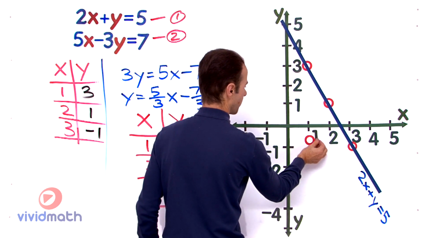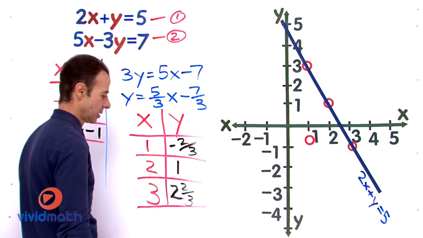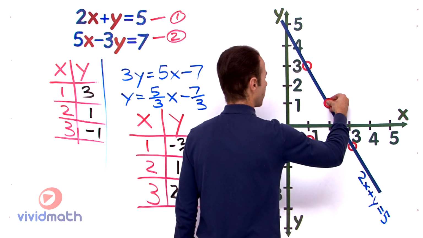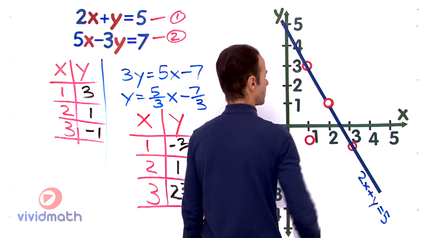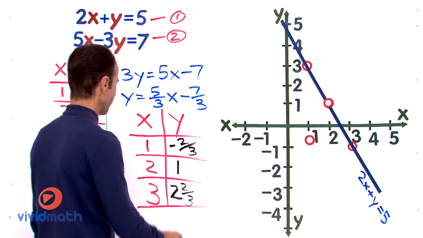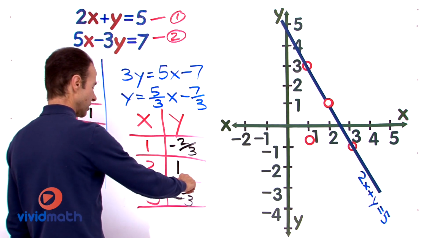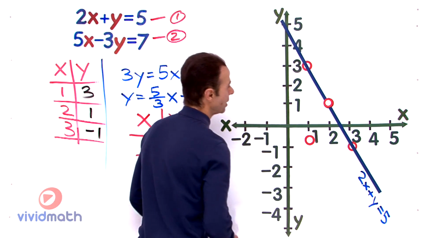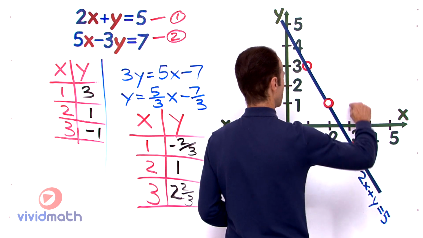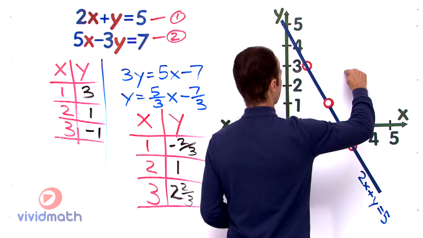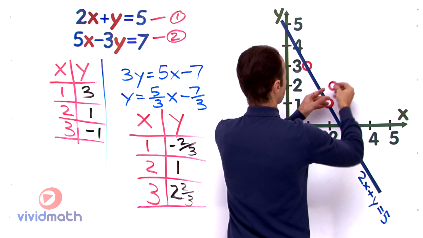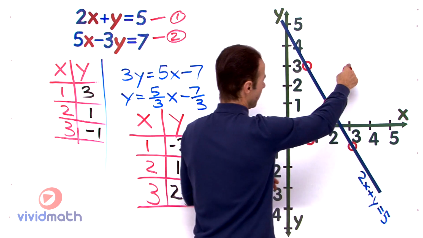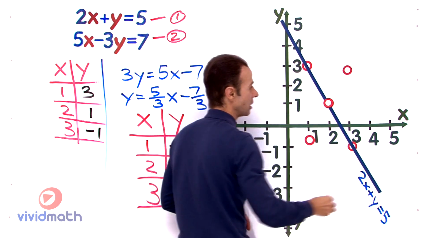Okay, that's our point. Next point is 2, 1. So let's find 2, 1. It's the same point right there, exactly the same point. Then we have 3, 2 and 2/3. That's going to be up to about there. So we have a line going through these points along here.